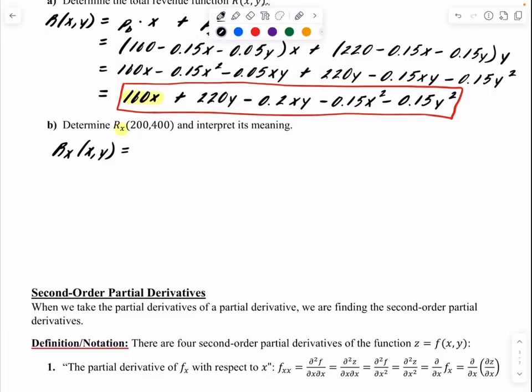Derivative of that with respect to x is just 160. My next term, y is just a constant, so the derivative of this is 0. Derivative of this term, again, y is just a constant, so the derivative will be negative 0.2 y.